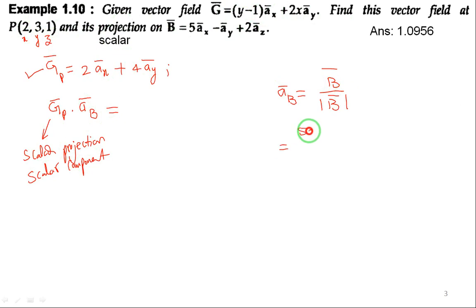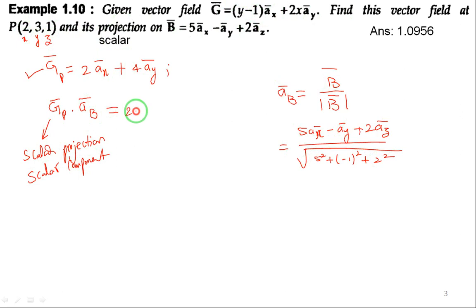Vector B is given, that is 5ax minus ay plus 2az, divided by the magnitude of B vector, under root of 5 squared plus (minus 1) whole squared plus 2 squared. So I will get aB vector. G vector is already calculated, 2ax plus 4ay.